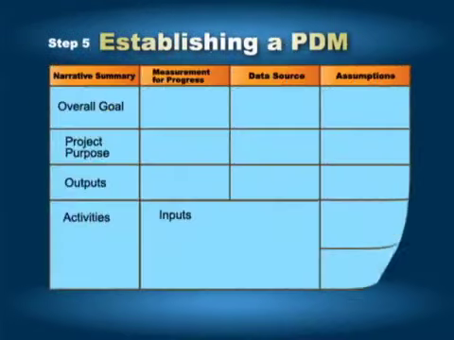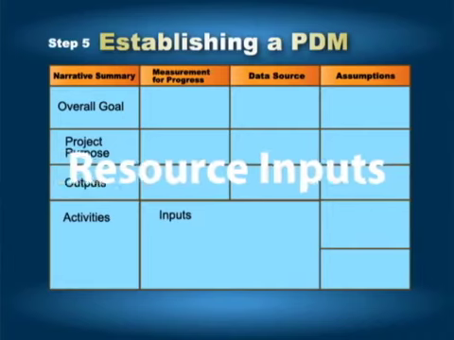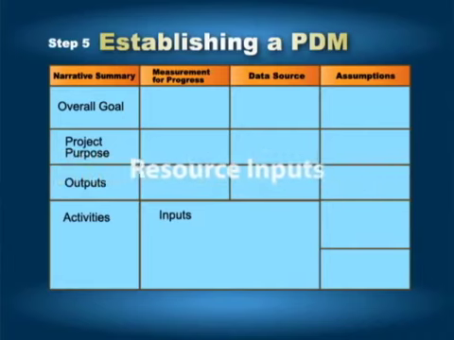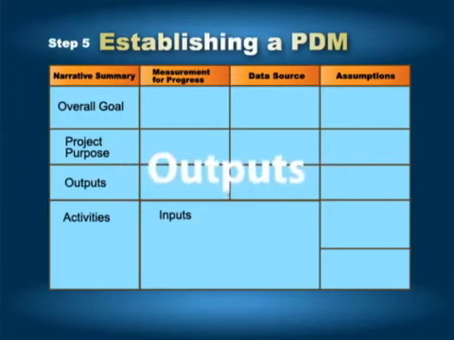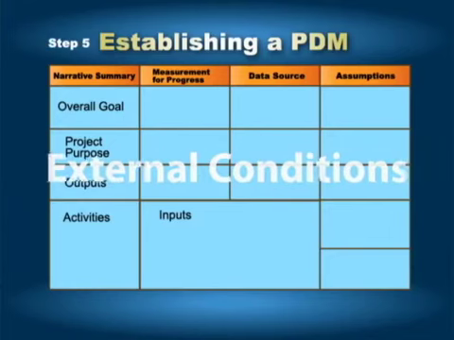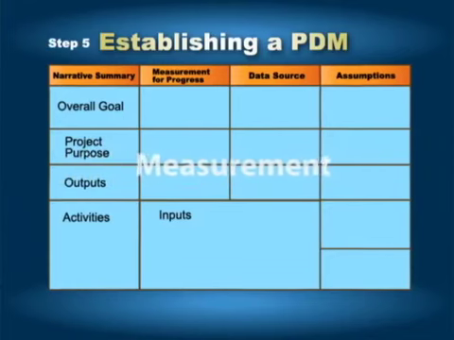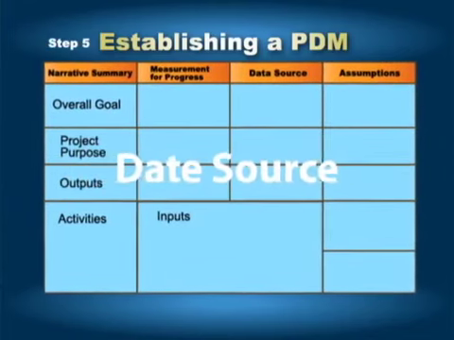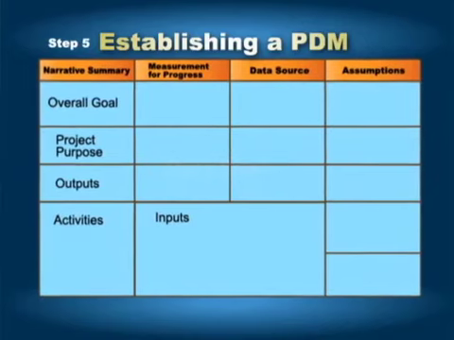The project design matrix developed in Step 5 is a format showing a structure of the selected project. In a PDM, information on resource inputs, activities, outputs, objectives, external conditions, measurement, and data source for progress are summarized in a matrix form.